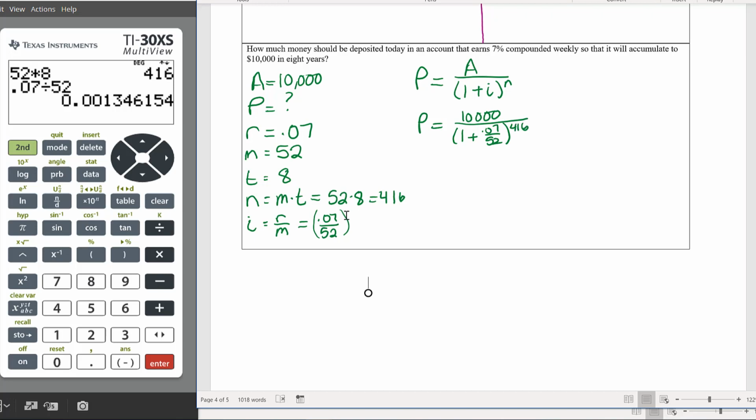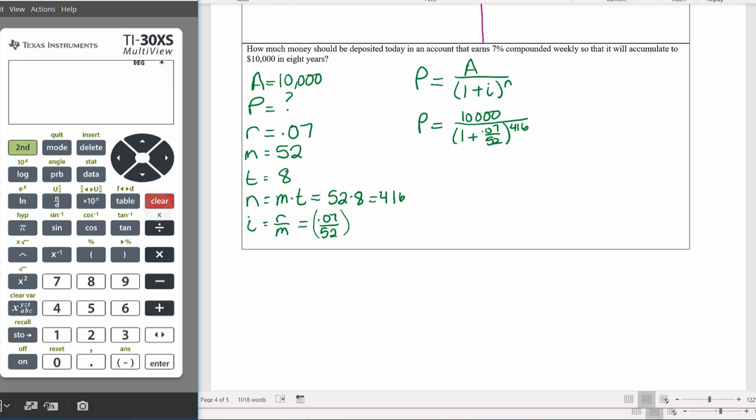P is equal to A, which in my case is $10,000, over 1 plus 0.07 over 52, raised to the 416. When I type this into the calculator, I want to make sure that I'm doing it correctly. Let's put an extra set of parentheses around the denominator so that 416 stays in the exponent and it doesn't calculate the top divided by the bottom and then take the exponent. So 10,000 divided by, and then the purple parentheses and another green parentheses, 1 plus 0.07 divided by 52.